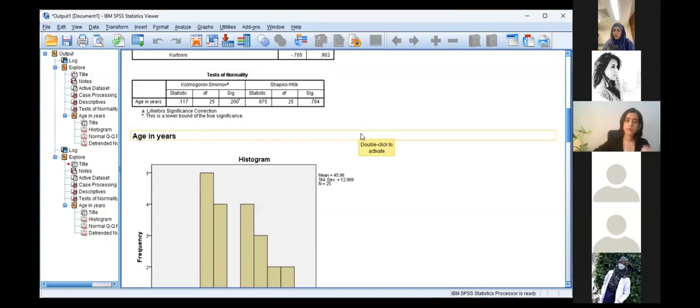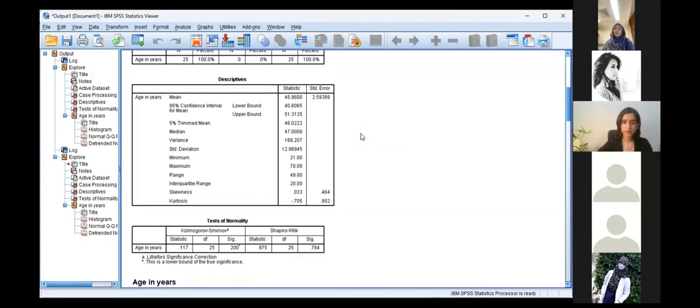So if your data is normally distributed, which measure of central tendency and variation will you report? Means, and along with means, you're going to report what? Excellent. Standard deviation.